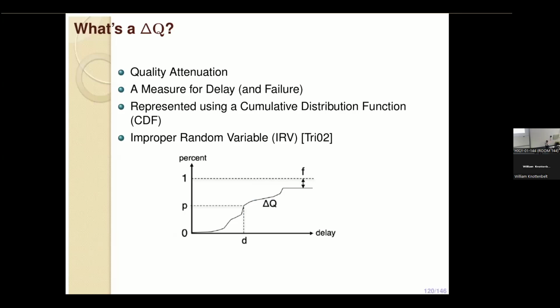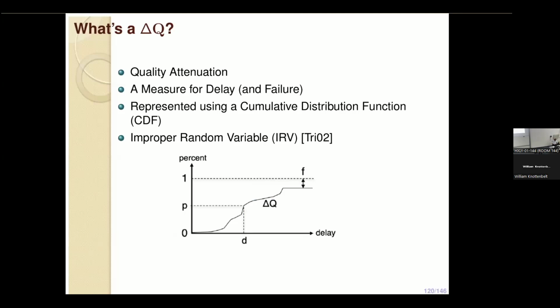With the concept of delta Qs, with the quality attenuation, you measure the delay and the failure together in just one item. We usually represent that as cumulative distribution functions, or sometimes as probability distribution functions.